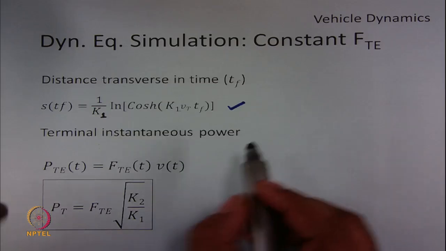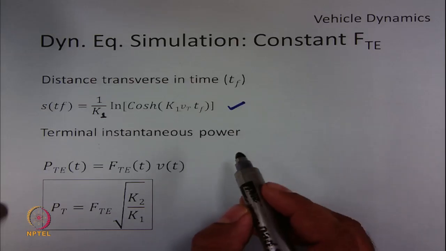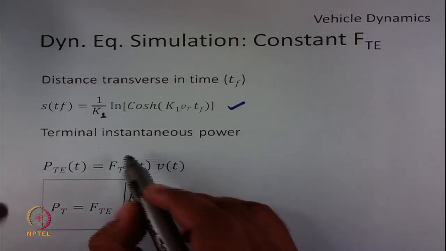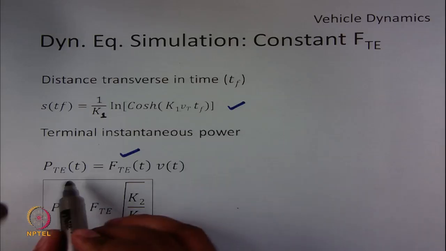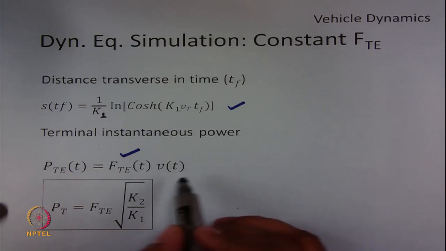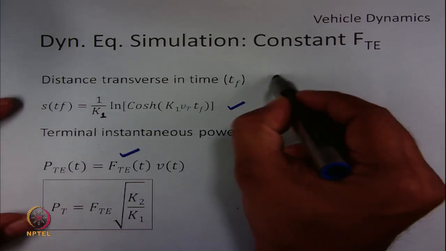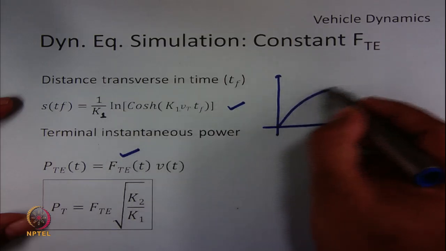So power with respect to time has a very similar graph as the velocity, because the FTE is constant and P as a function of time is a product of FTE into Vt. So P also will have a similar graph as velocity.